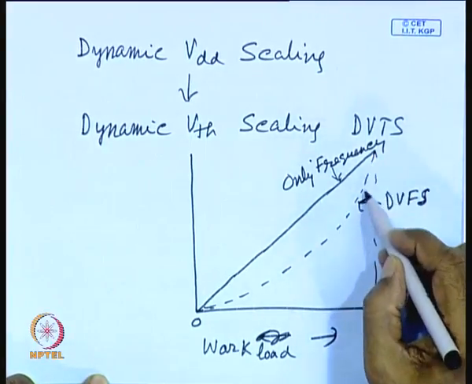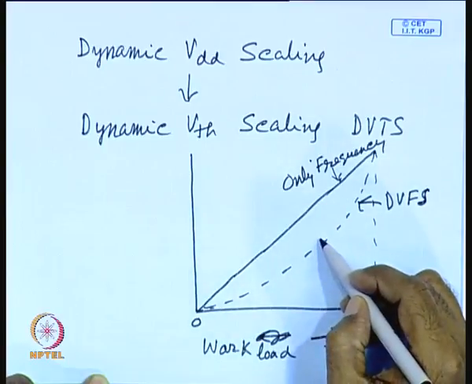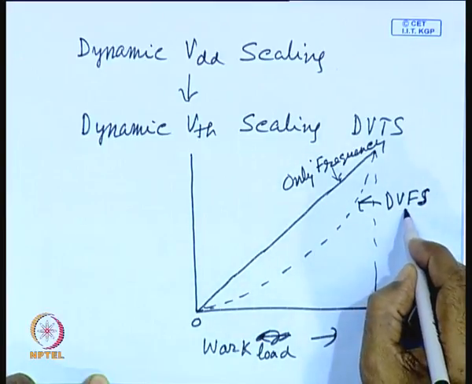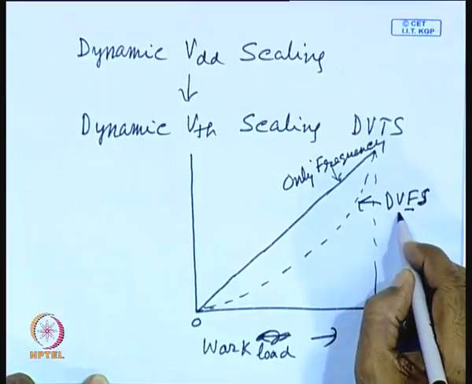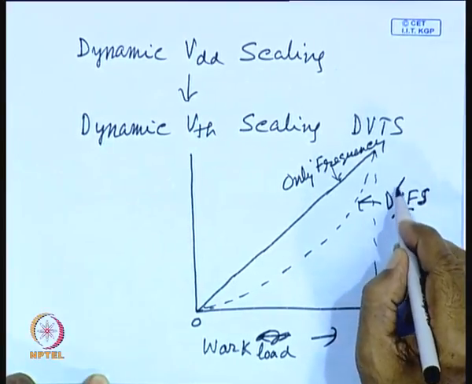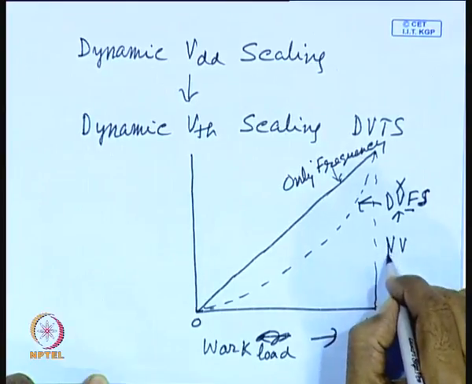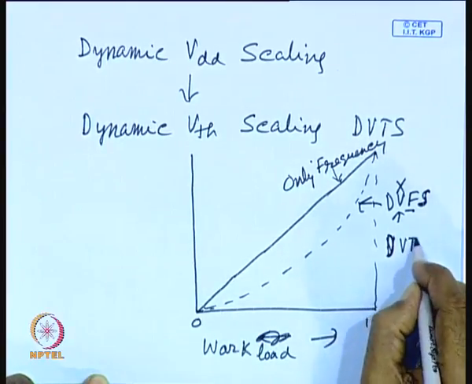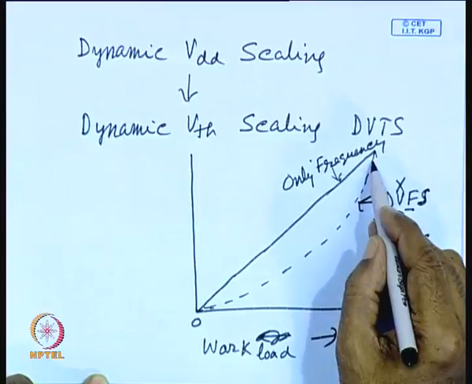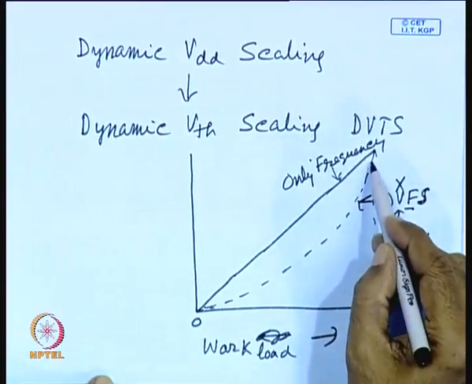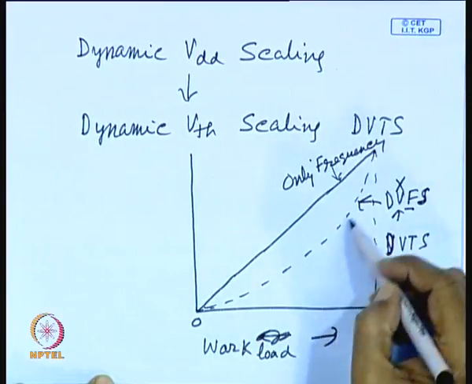Now, instead of this dynamic voltage and frequency scaling, what we will be doing is, as you reduce the frequency, you will not reduce the voltage. Instead of reducing the voltage, you will change the threshold voltage Vt, dynamic VTS. So, how will you do that? What was the basic purpose of reducing the supply voltage? As you know, as you reduce the supply voltage, delay increases.